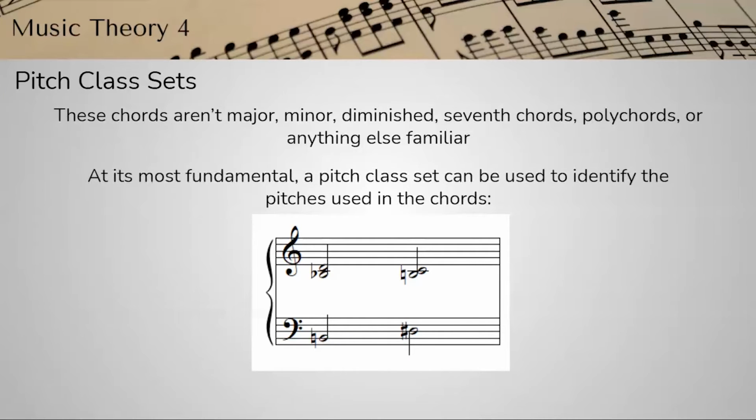So one of the fundamental uses of a pitch class set is simply to label the pitches that are being used in something like these chords. At its most fundamental, we could say that first chord has a B natural, a B flat, and a D. Okay, great. So that's a pitch class set.